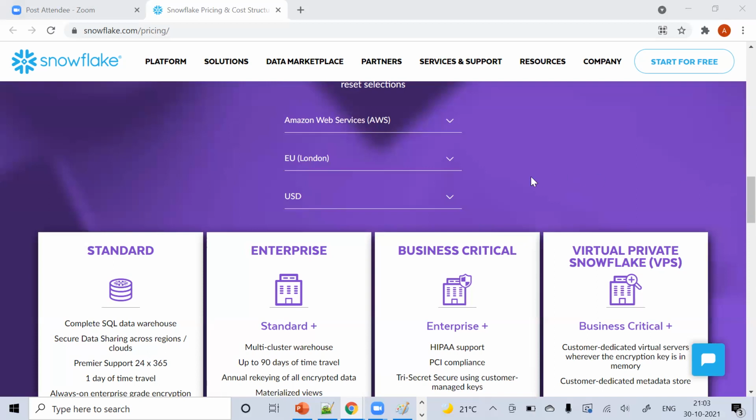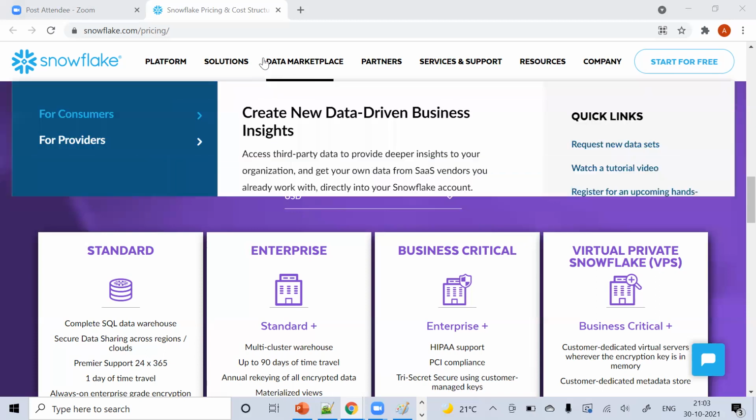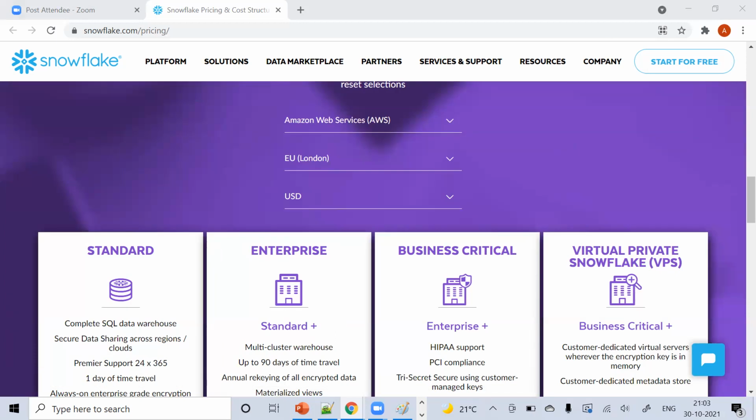When you are creating an account for Snowflake, it asks which region you want. If you're hosting it on Amazon and you say you want to host it in North Virginia, they will find those machines in that location for you. So how do you choose the region?